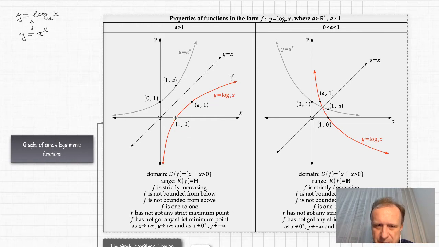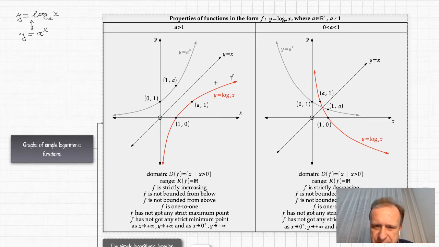You cannot calculate logarithms from negative numbers or from 0. And the reason for this is the fact that the domain of the logarithm has to be equivalent to the range of the exponential. The range of the exponential function was only positive numbers, so therefore you have positive numbers here.